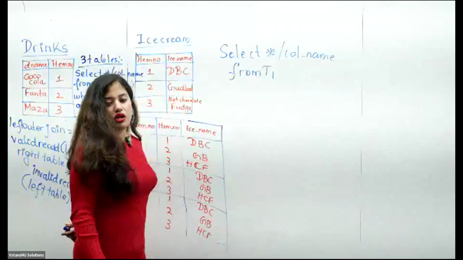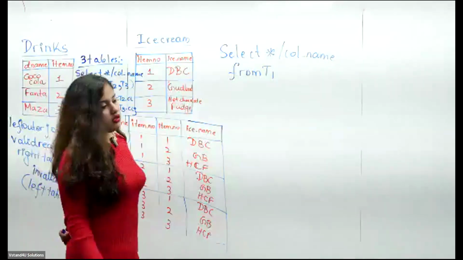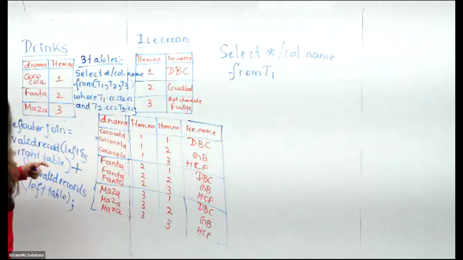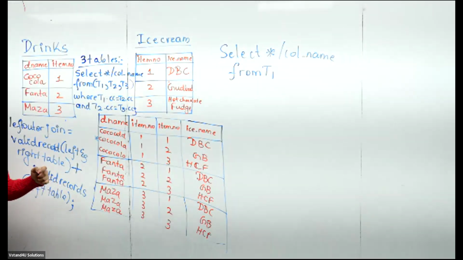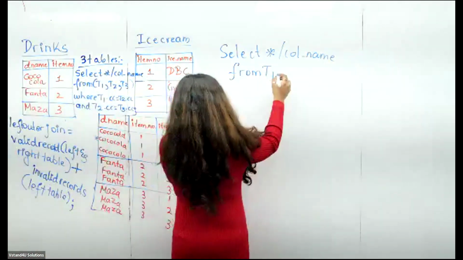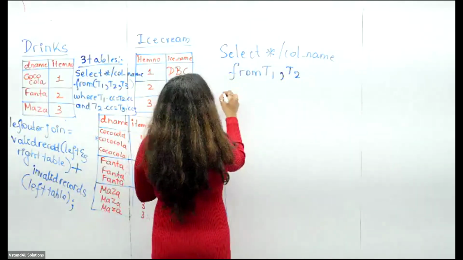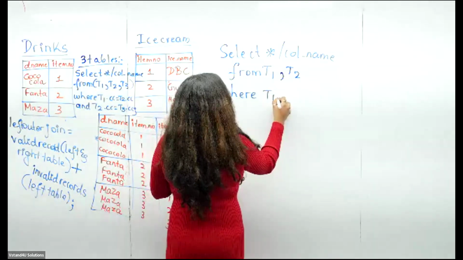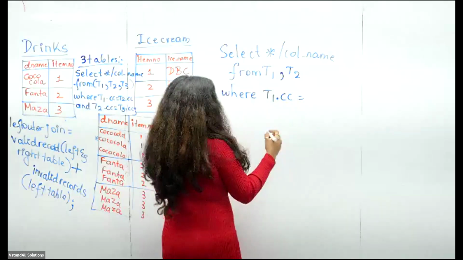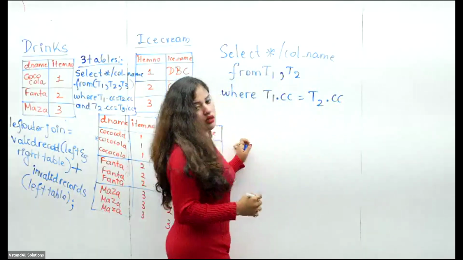Only table 1, or both table 1 and table 2? Both the tables, right? Because here you have valid records of both left and right table. So you will write from T1, T2, where T1.cc is equal to T2.cc.